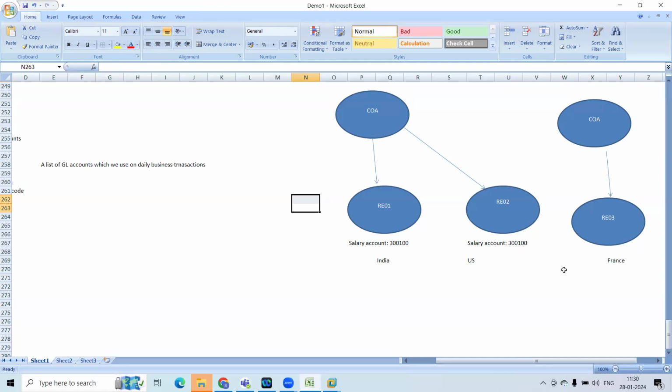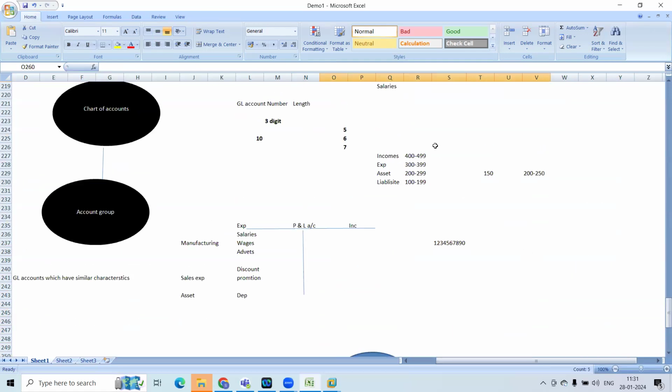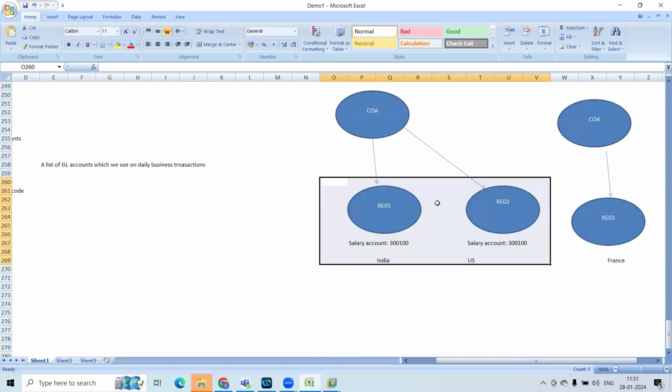If I tell you about the controlling area now, you will get mixed up. So if the rules match the way we talked about here, then you can assign the same chart of accounts.